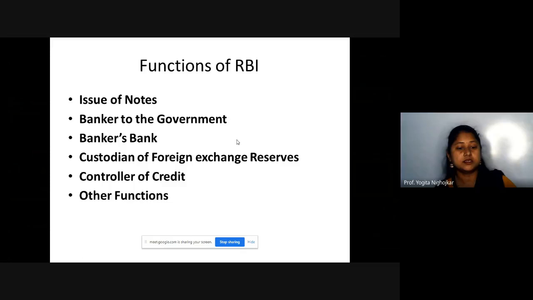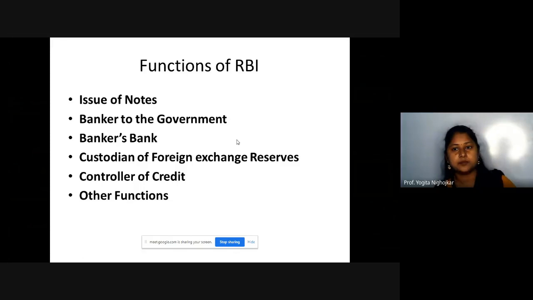Next point is other functions. What are the other functions? The Reserve Bank performs a number of other developmental works. These works include the function of clearing house, arranging credit for agriculture, which has been transferred to NABARD, right?